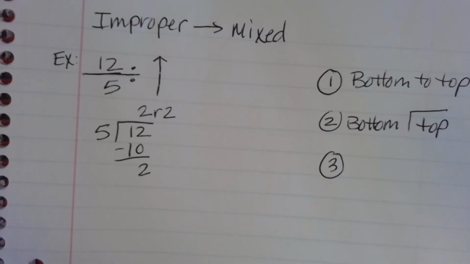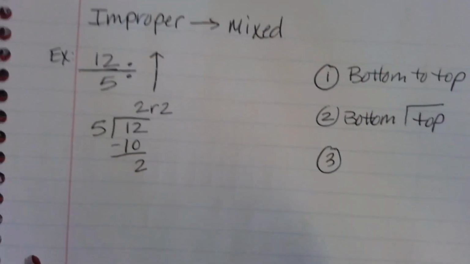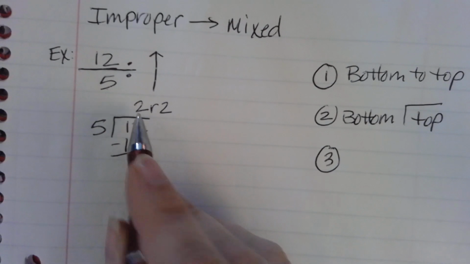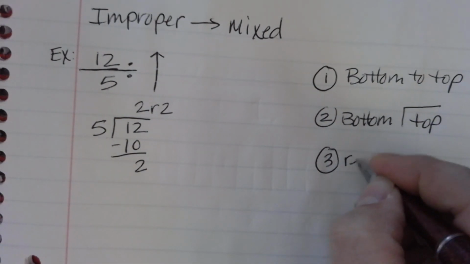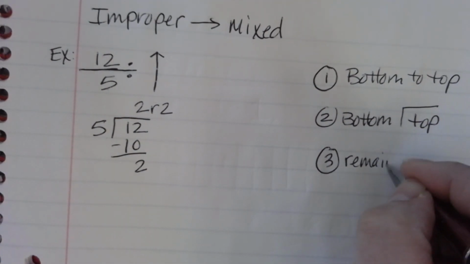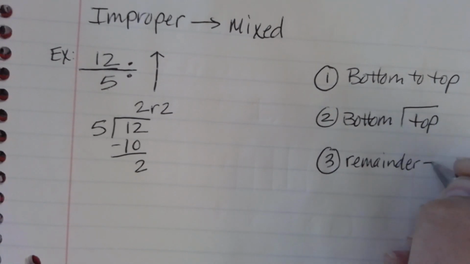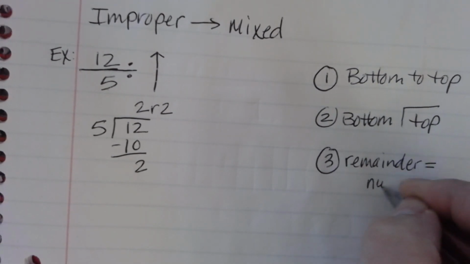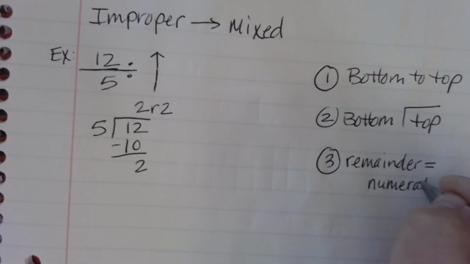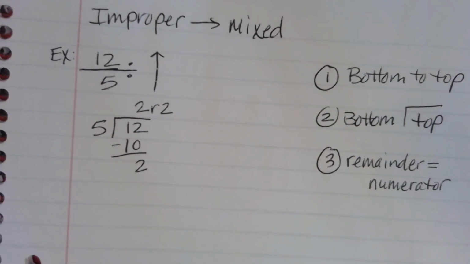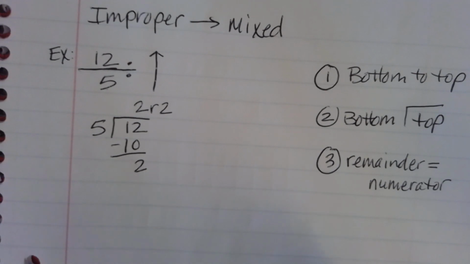But I need to create a mixed number out of this. So I end up with my whole number, and I'm going to take my remainder, and it becomes the numerator. The remainder equals the numerator.